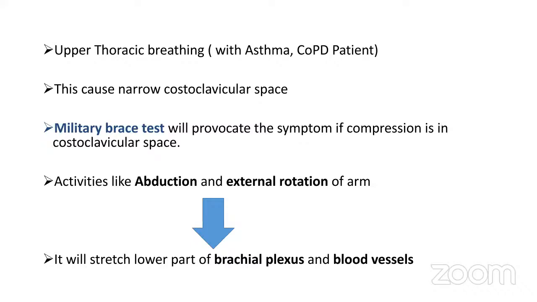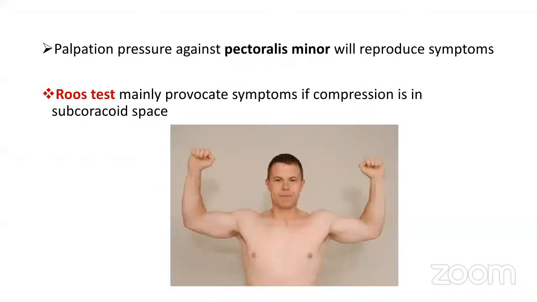What happens if abduction and external rotation of the arm is more? It will stretch the lower part of the brachial plexus and blood vessels. Okay. Now, palpation pressure against pectoralis minor will reproduce the patient's symptom. Okay. If the compression is in the subcoracoid space, then the Roos test will provoke the patient's symptom.